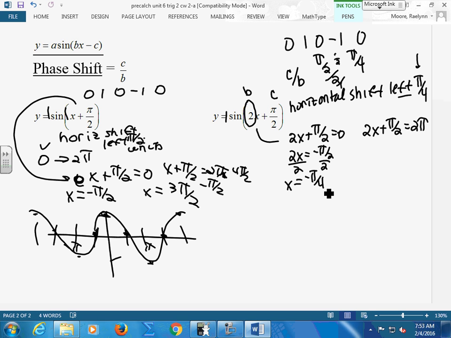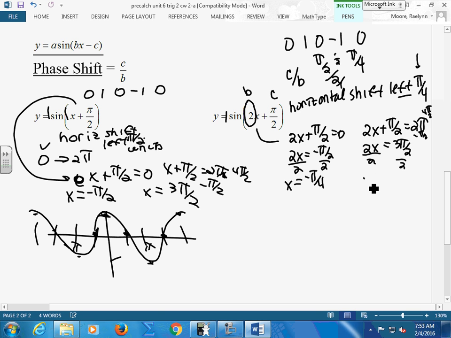So we're going to subtract pi over 2, which is 4 pi over 2, and divide by 2. So we're going to go to 3 pi over 4. So our full cycle is going to go from negative pi over 4 to 3 pi over 4.